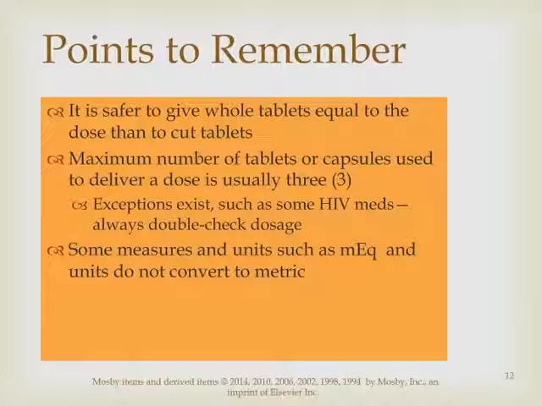So remember, the golden rule is generally no more than 3 tablets of a particular medication in order to deliver the correct dosage. There are some measures, such as milliequivalents and units, that you would use for heparin or with insulin that do not convert to the metric system.